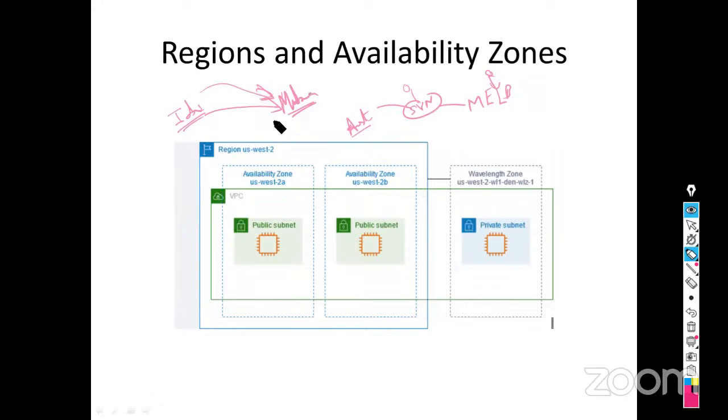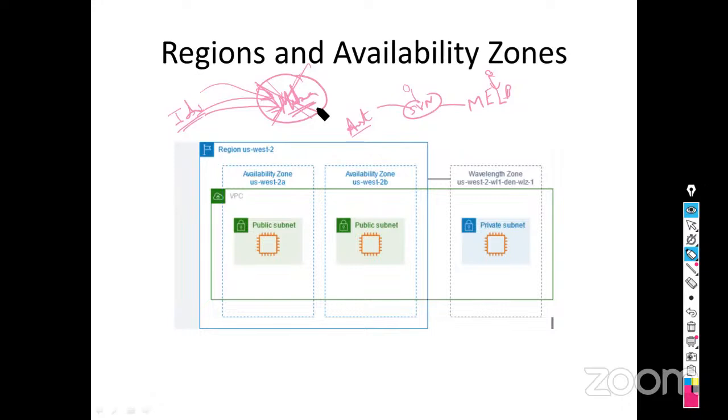Now let's suppose I have launched and migrated all my services, and now I also have to cover the BCP, the business continuity plan, or a disaster recovery plan. Due to any natural calamity or disaster, if this region goes down, what will be my nearest region?